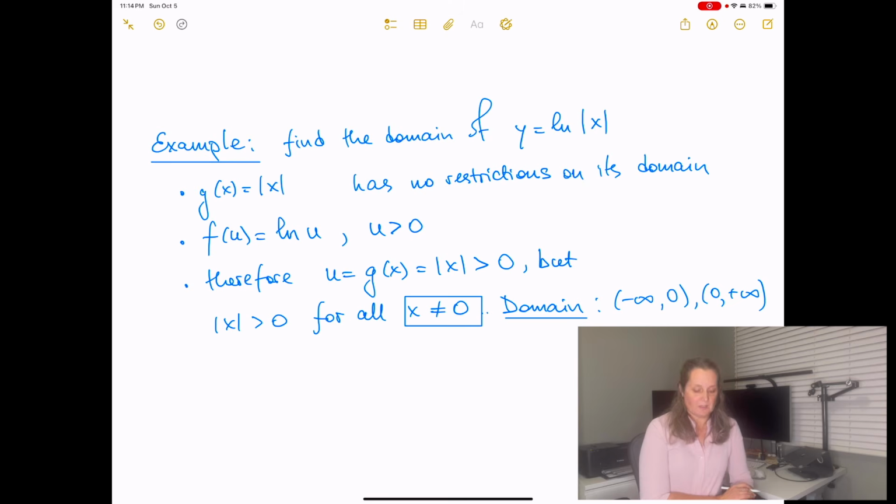The input value u has to be strictly positive. Therefore, g of x, which acts as an input for the function f, has to be strictly positive, which means that we're allowing all values of x that are not equal to 0 in the domain of the function. Our domain is from minus infinity to 0 and from 0 to plus infinity.